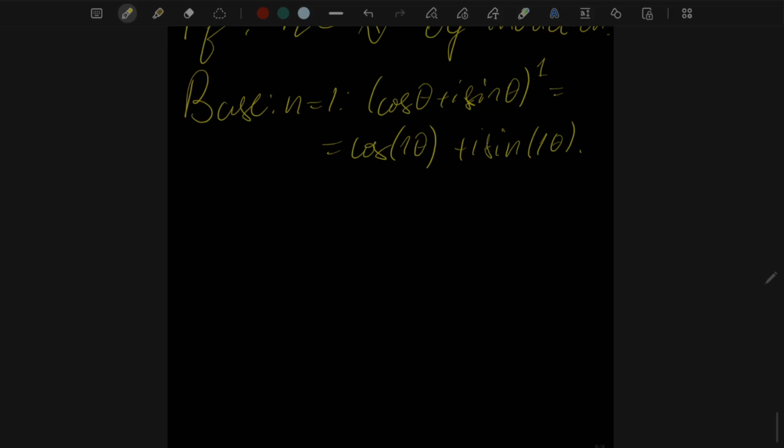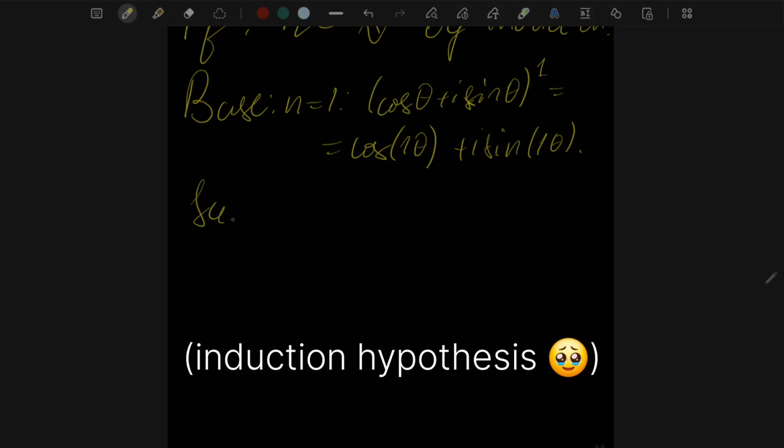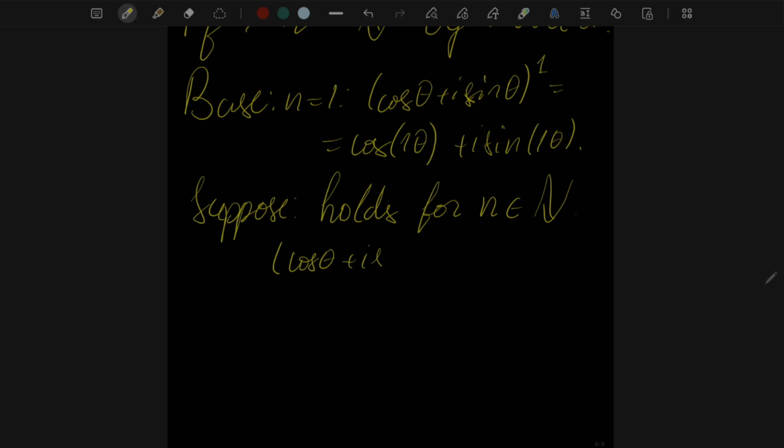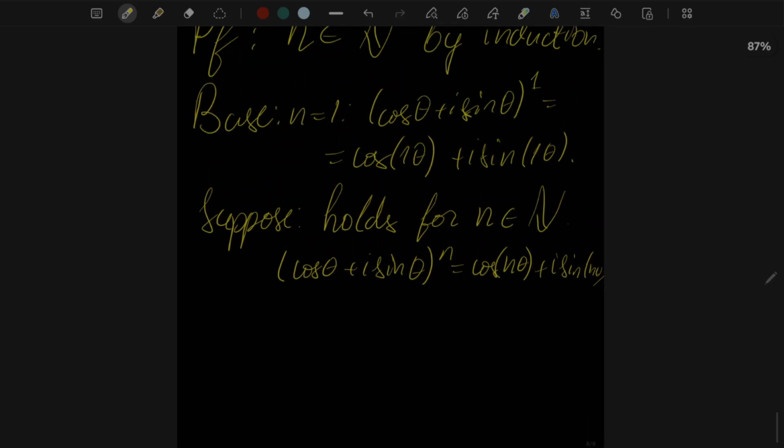Then we have the thing that we need to suppose for our induction, and let's just say that it holds for n, which is a natural number. So basically, cosine theta plus i sine theta to the power of n is equal to cosine n theta plus i sine n theta. Holy moly. And now we do the step of induction.